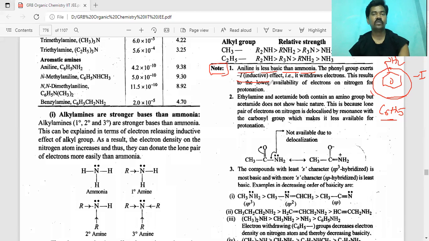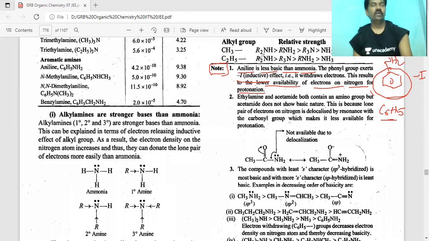This results in lower availability of electrons on nitrogen for protonation. So electron density will be reducing on nitrogen, and there is lower availability for protonation.